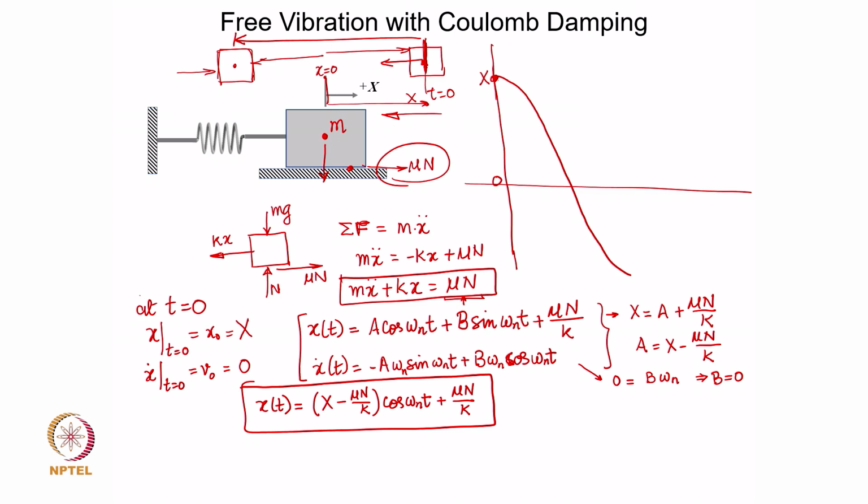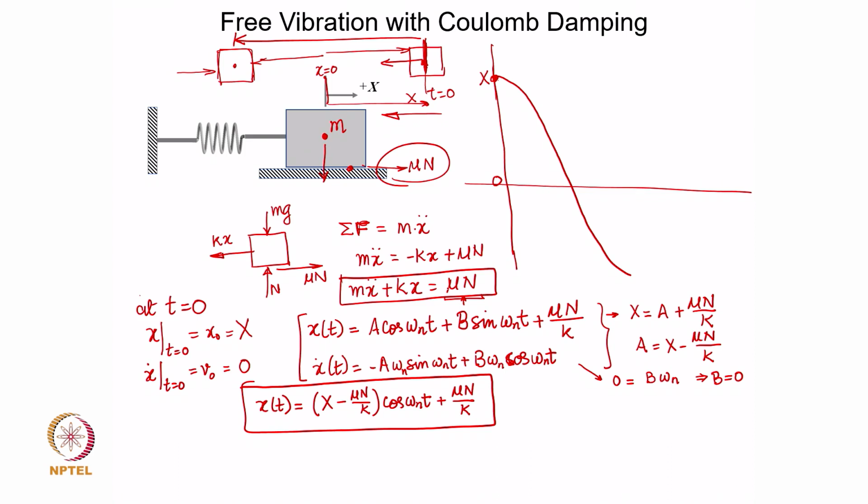Going from right extreme to left extreme is just half the cycle, it will come back. But when it comes back, its direction of motion changes, the friction force will flip its direction. So, it means that this response x of t is not going to be valid for the reverse travel or the second half of the cycle. So, we will have to now look at what equations of motion should we be getting for getting the second half of the first cycle.